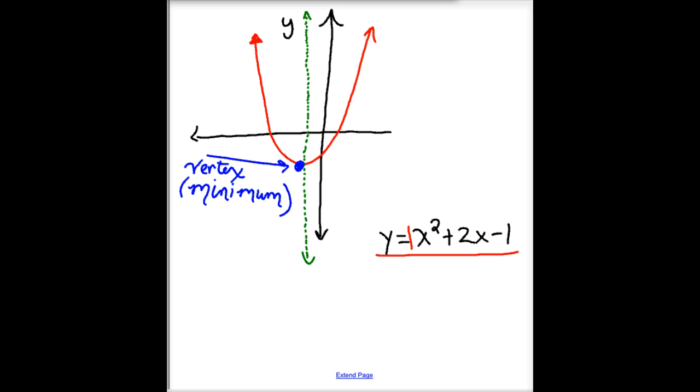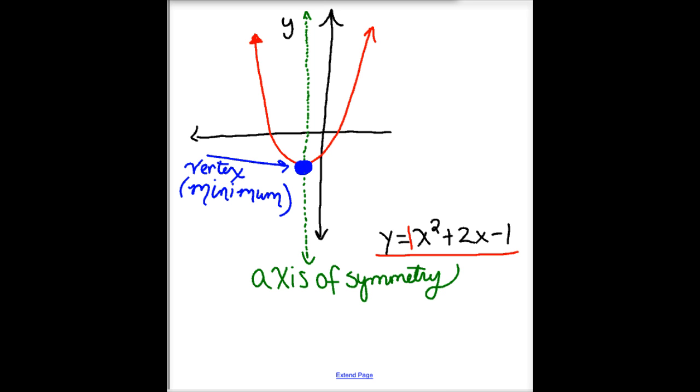It's this green line, and I want you to stop and label this. This is what we call the axis of symmetry.